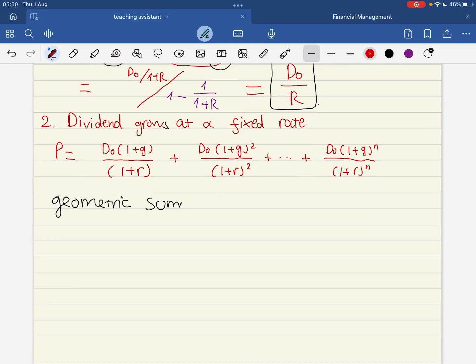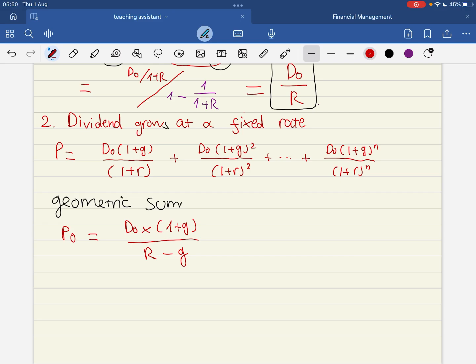So I'm not going to explain this calculus concept in detail again, but by applying this calculus knowledge, the general formula is that the price of the stock at the current time is equal to D0 times 1 plus G divided by R minus G, in the case where the dividend grows at a fixed rate.